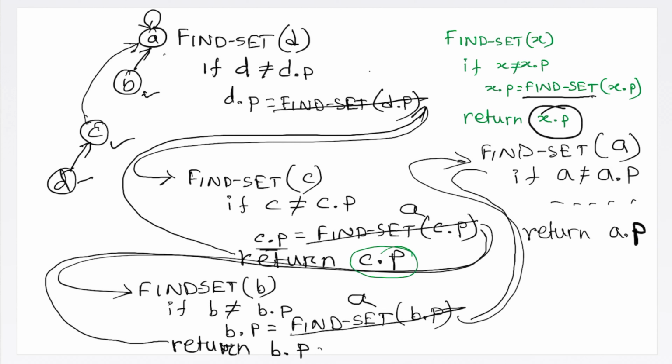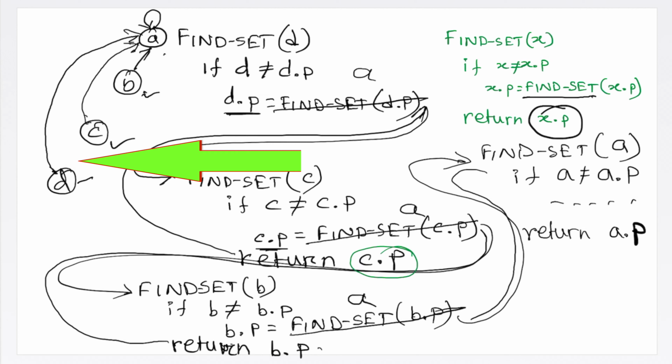Therefore, this part is replaced by a. Now we have said that d dot p is equal to a. That means d dot p should have a parent which is a. And of course this link is gone because this was the previous p, and as new p we have this one.